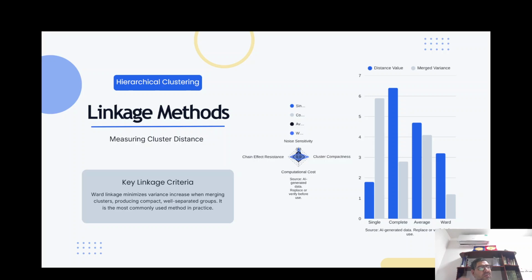It is the most commonly used method in practice. So Ward linkage is the most commonly used method for linking clusters. It merges clusters, producing compact, well-separated groups, and it is the most commonly used method in practice. We have discussed this earlier as well.